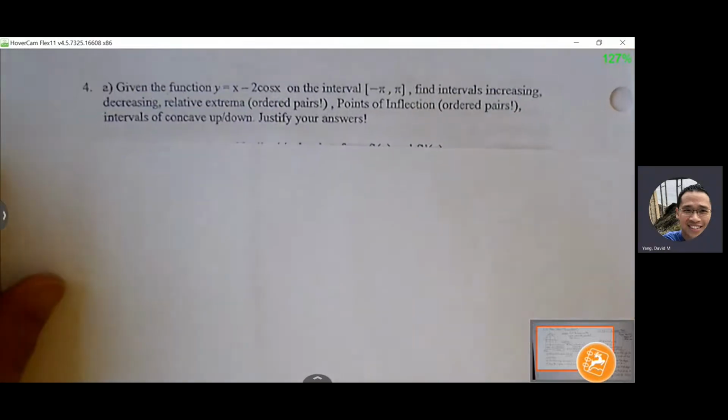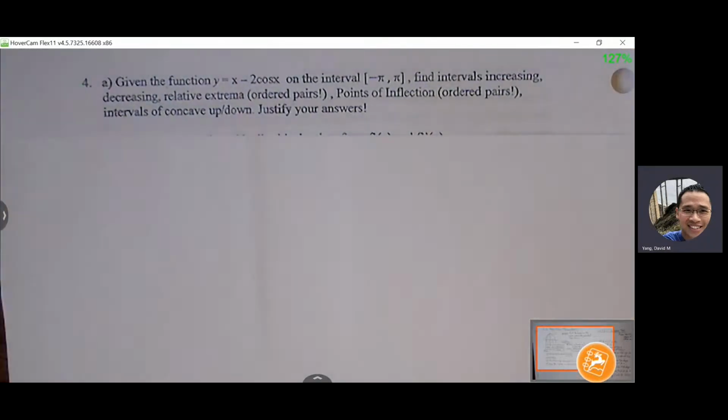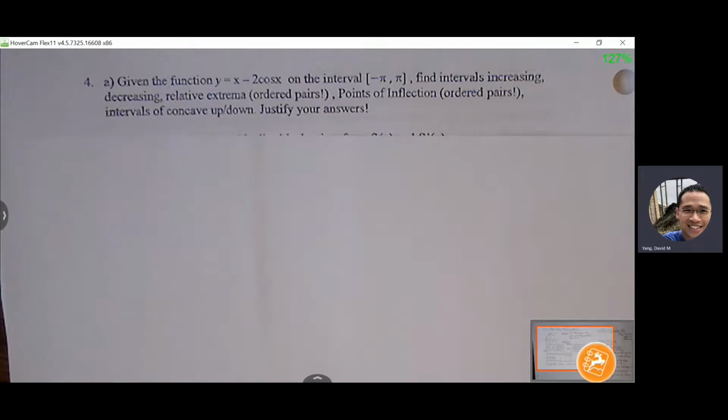Okay, so number 4 says, given the function y equals x minus 2 cosine x on the interval from negative pi to pi, find interval increasing, decreasing, relative max, points of inflection. So we're going to find y prime, create our slope sine line, find y double prime, create our second concavity sine line, and then find all the information that we can, gather some ordered pairs, and then plot our graph.